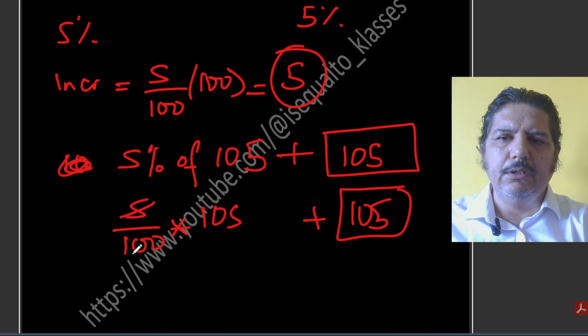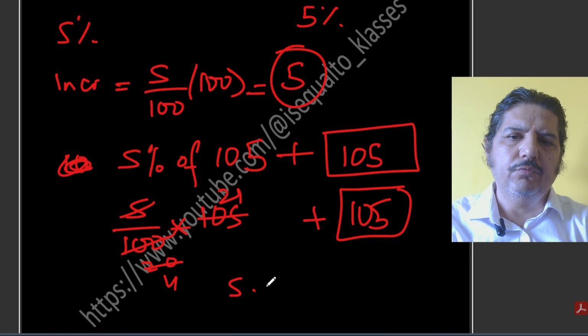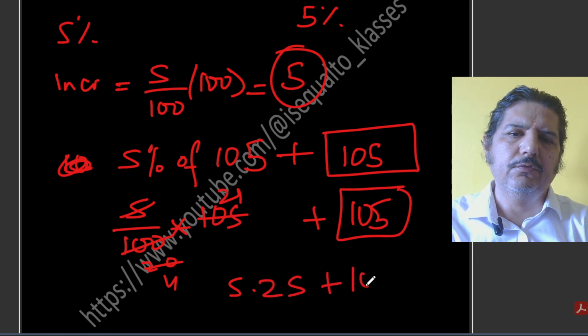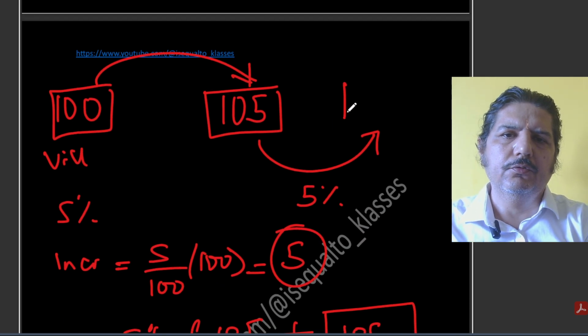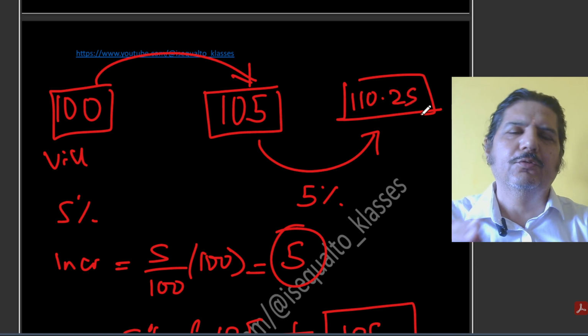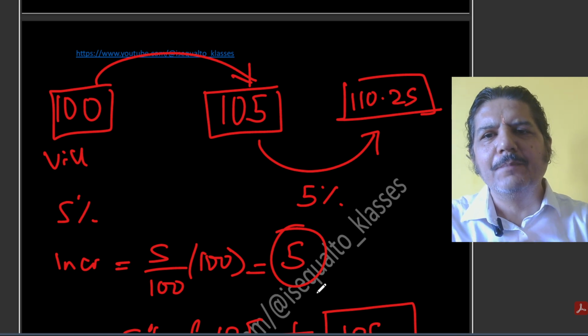So this will be 5 times 105 is 525, divided by 100, 5.25, plus 105. So 110.25. Yeah, 110.25. So the population will be 110.25. The answer is a bit absurd because you can't have 0.25 of a person.